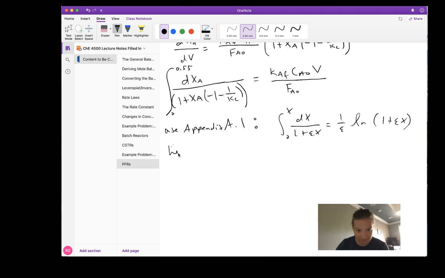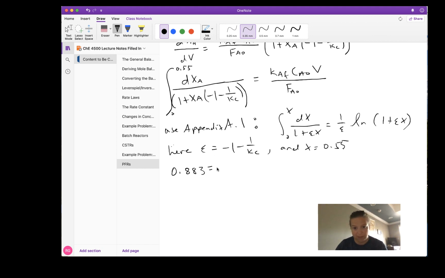In this case, epsilon is going to be equal to minus 1 over K_C, and x equals 0.55. So I can substitute these values into this expression and get a value. Doing that, I get the value 0.883. So that's what this integral is equal to.